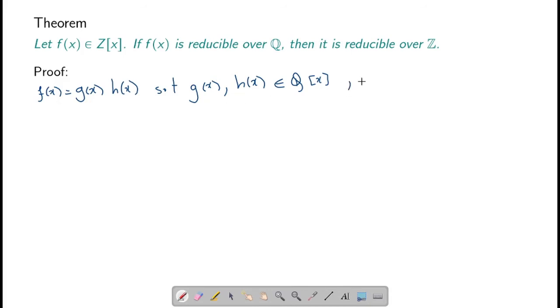Therefore, the degrees of g of x and h of x will be greater than or equal to 1.